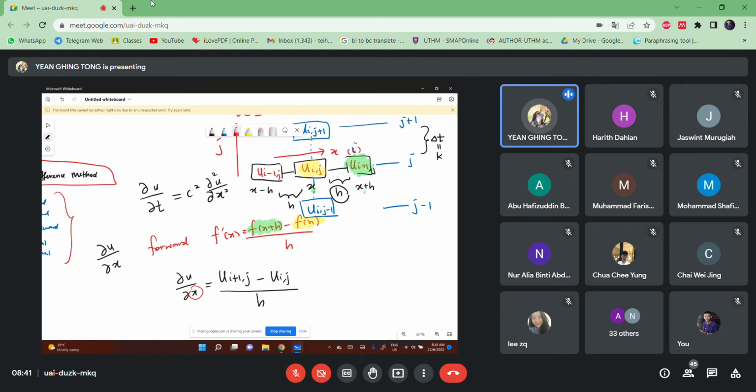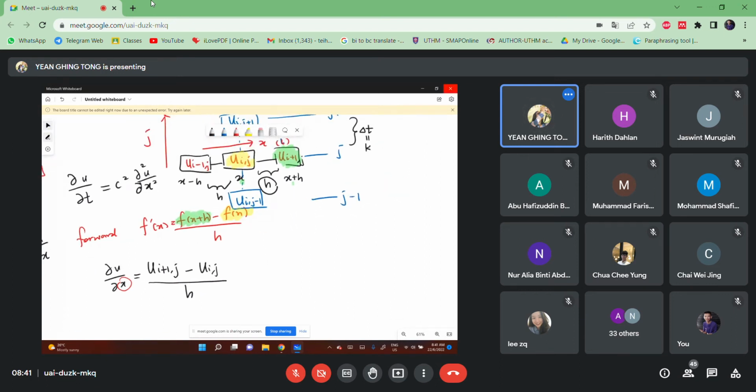If now I want to find the finite difference form with respect to T, saya nak cari yang ni, let's say del U del T. So dia akan based on this one.